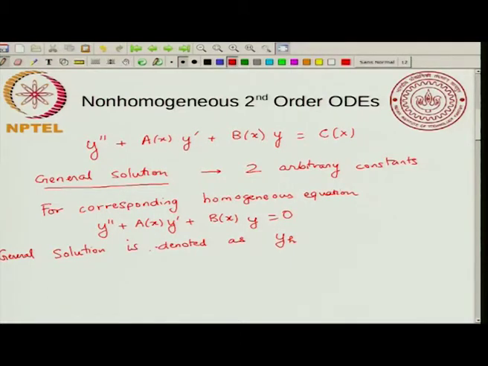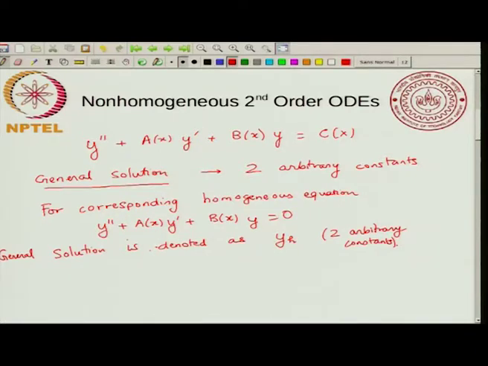So, I will use y h as the general solution of the corresponding homogeneous equation. This y h will have two arbitrary constants. We saw how we can get y h using a linear combination of basis functions.